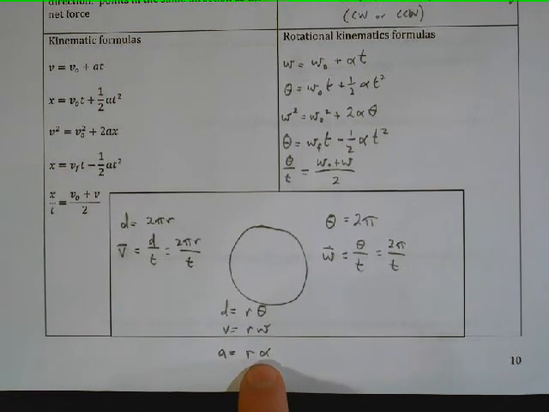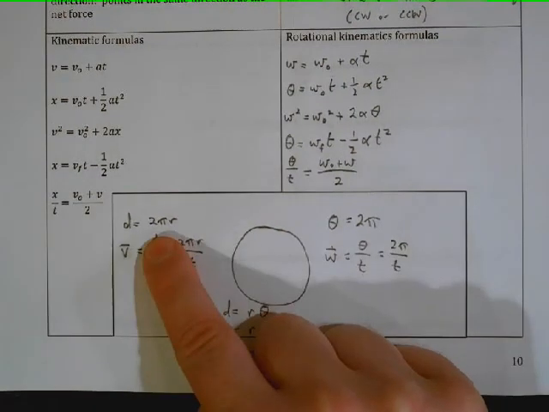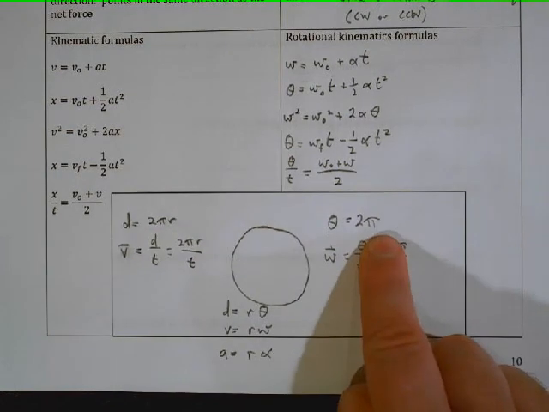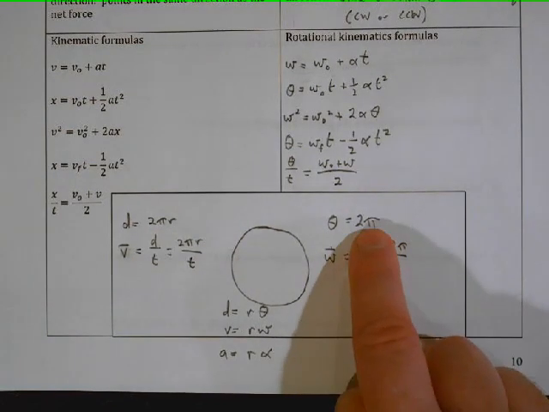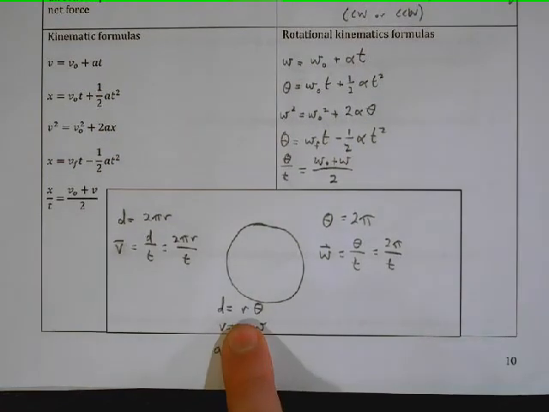You, however, are not going to memorize this. You are going to think it through and always come up with the correct answer. Because if you memorize, you don't really understand anything, and then under pressure, you make mistakes. Where if you understand, you go, oh, I'm going to draw a circle. The distance is 2 pi r. My theta is 2 pi.